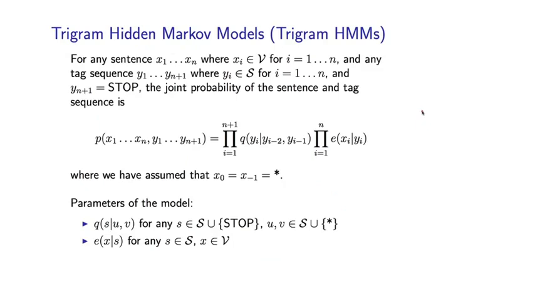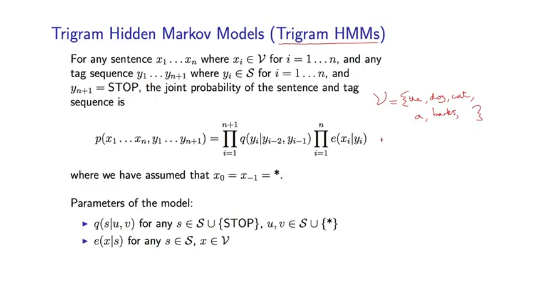Okay, so on this slide I've given a formal definition of trigram HMMs. On the next slide we'll see an example which will probably help to clarify things. But let's go over this definition. I'm going to assume two sets. V is going to be the set of possible words in the language. So it might contain, for example, the, dog, cat, a, box, and so on.